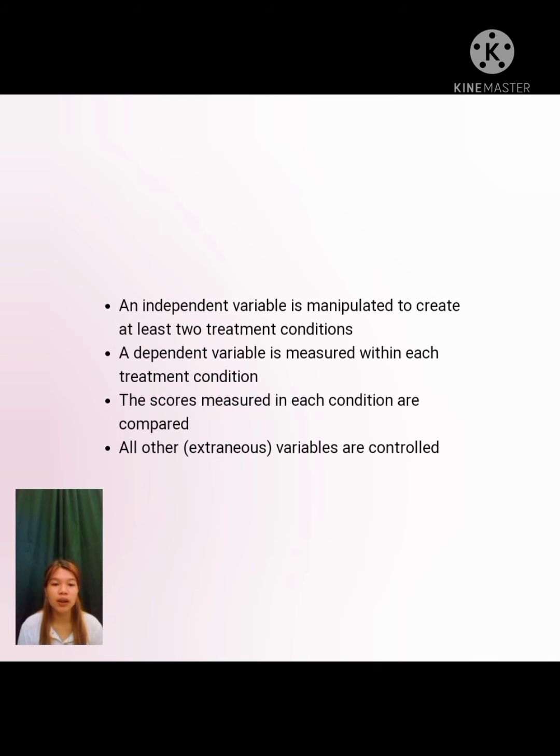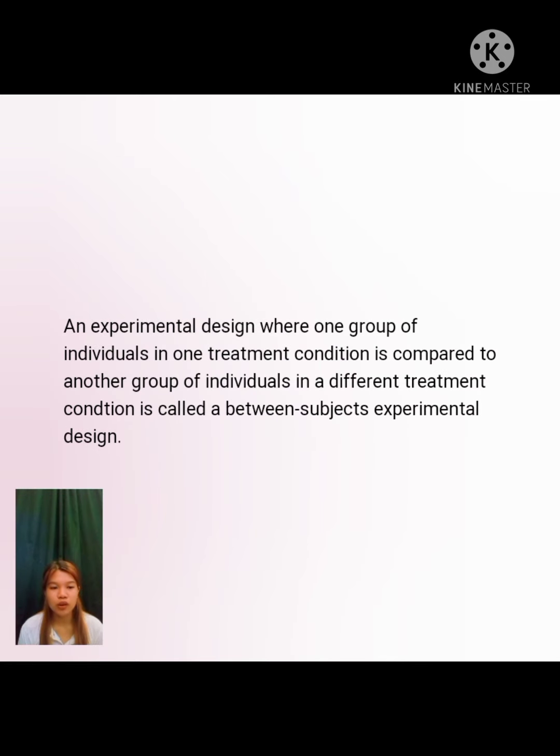The first one is an independent variable is manipulated to create at least two treatment conditions. The second one is a dependent variable is measured within each treatment condition. The third one is the scores measured in each condition are compared. And the last one is all other extraneous variables are controlled.